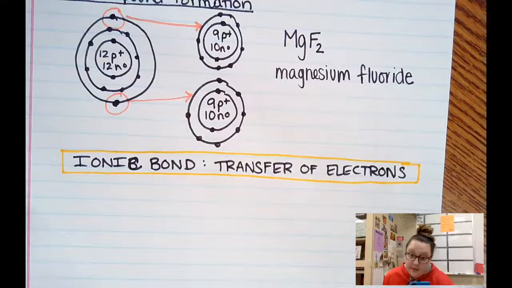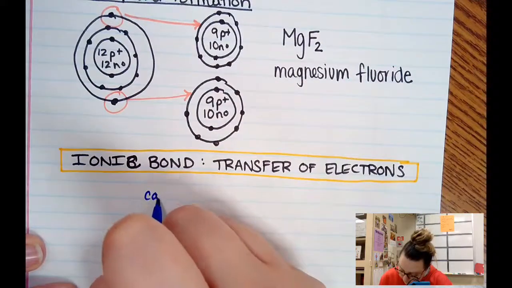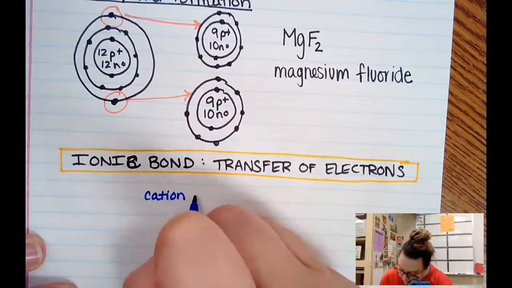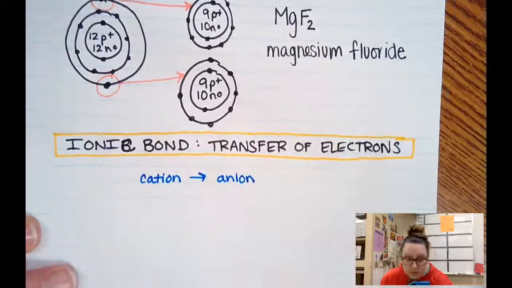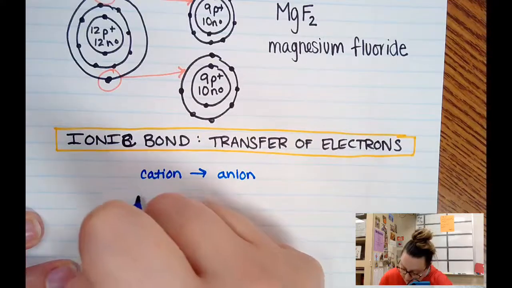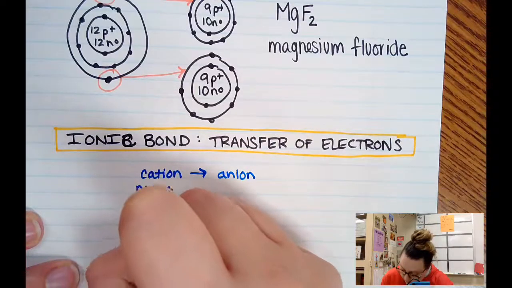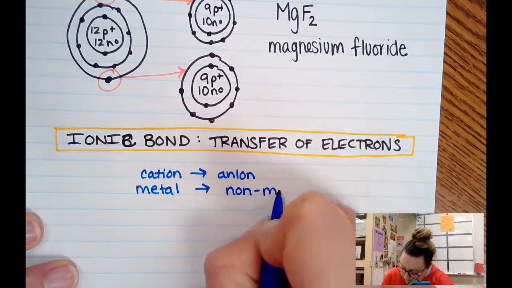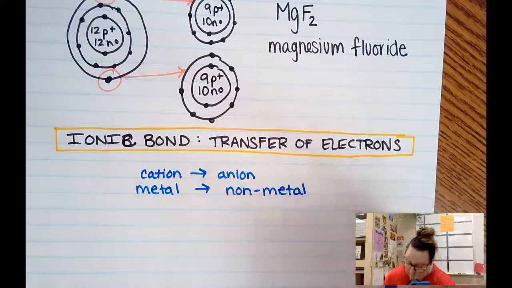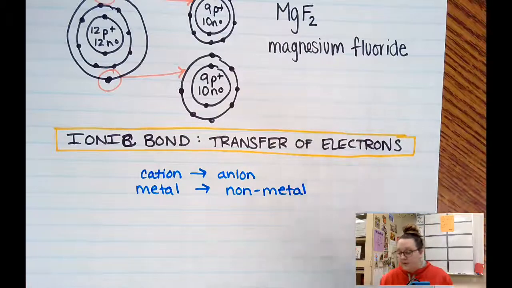What direction does it transfer? From the cation to the anion, from the metal to the non-metal. That's the way the electron transfers there.